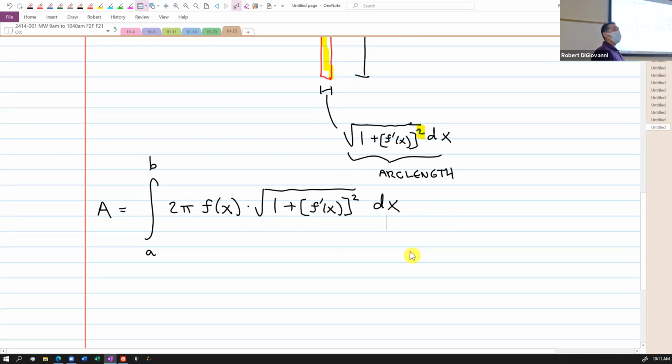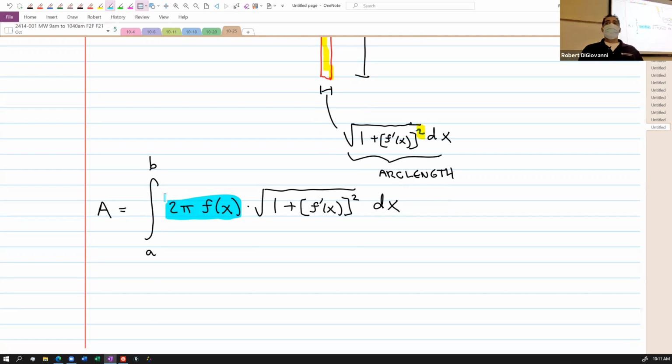Which is basically the same formula you just got, right? Isn't this the same thing that we did when we were trying to find the arc length? It's the same thing, but we've added one thing to it, 2 pi f of x. Otherwise, it's the same thing, isn't it?